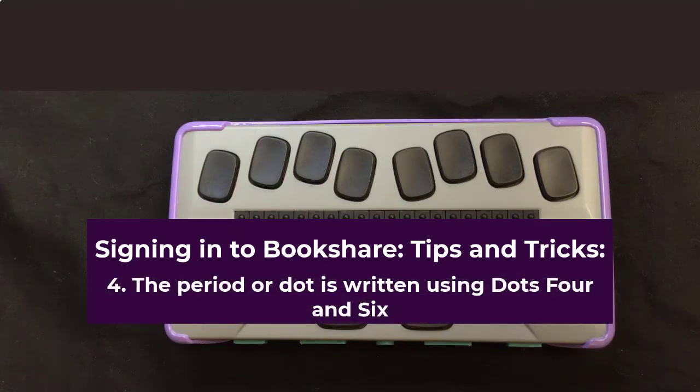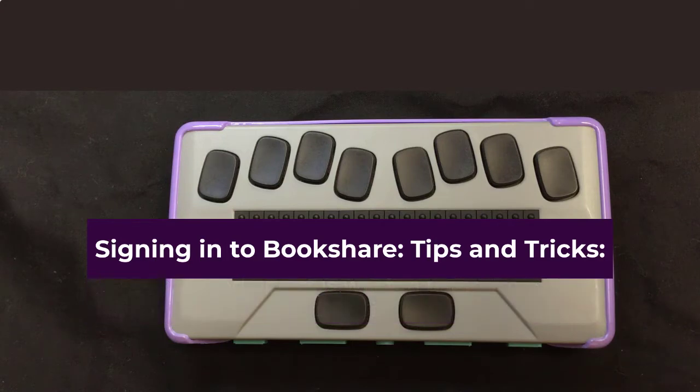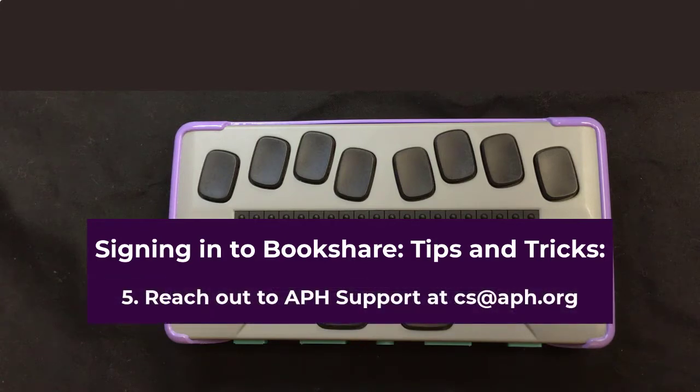There is a reference, as I understand it, in the Chameleon manual, though I was unable to find it. I did have to ask tech support some questions. So I would reach out to tech support if you have difficulty logging in, or you're having some questions about how to enter a specific character.